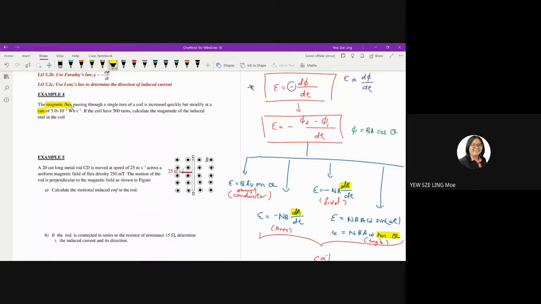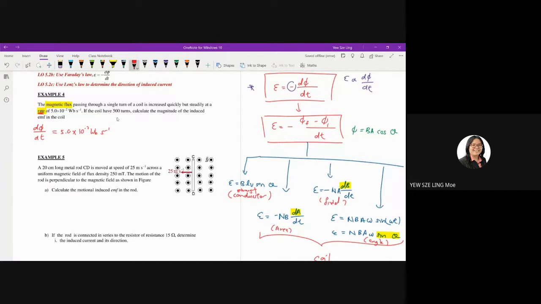When you're talking about a rate, it means that it's being divided by time. So the magnetic flux rate, dΦ over dt, equals 5.0 times 10 to the power of negative 2 Weber per second. The term rate itself is very important.